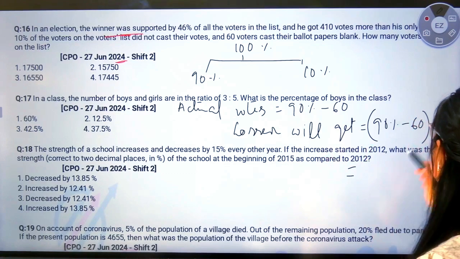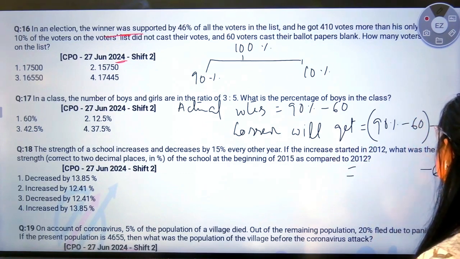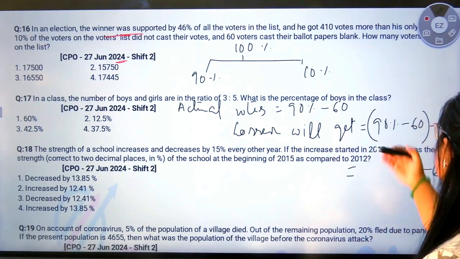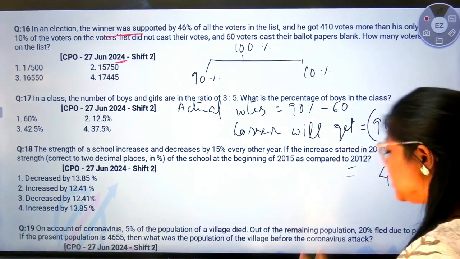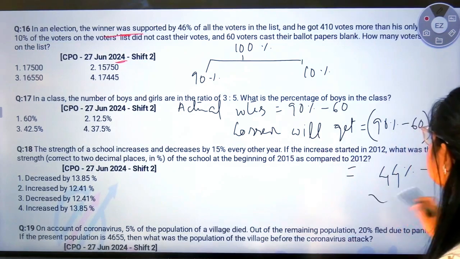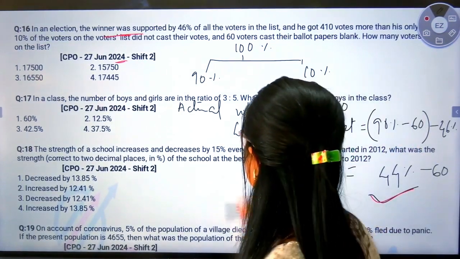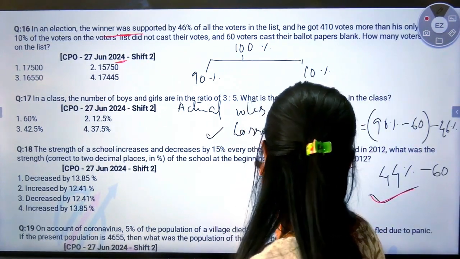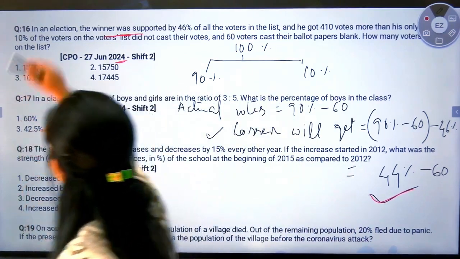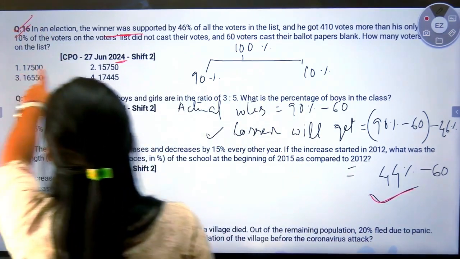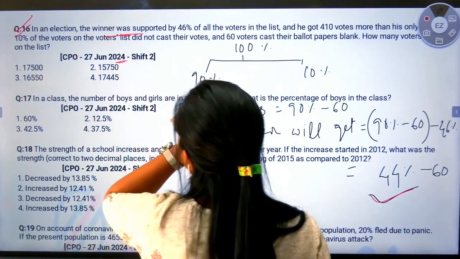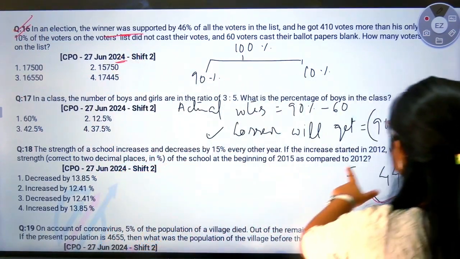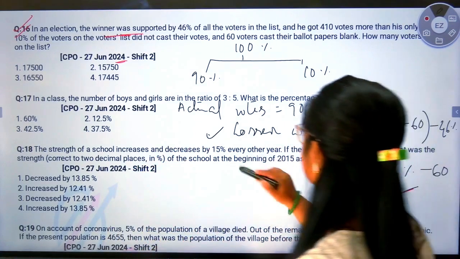So it will give you 44% minus 60. So this much vote will be got by the loser.